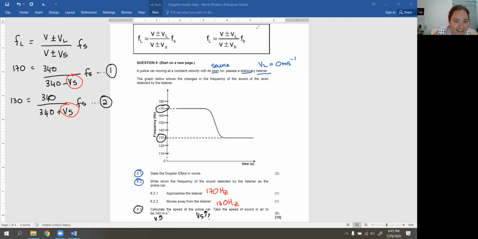Wow, someone's fast. Okay, good. This looks like it's a very, very naughty police car.